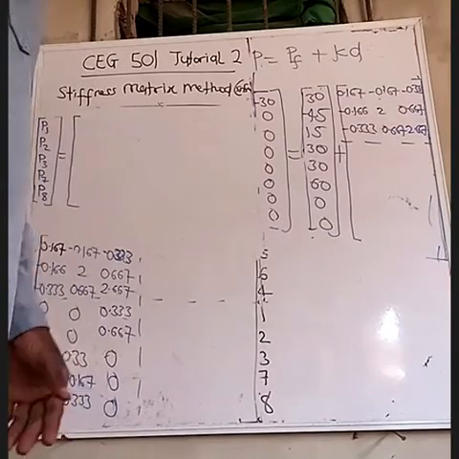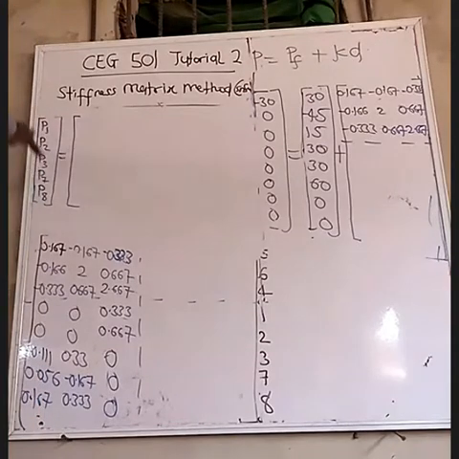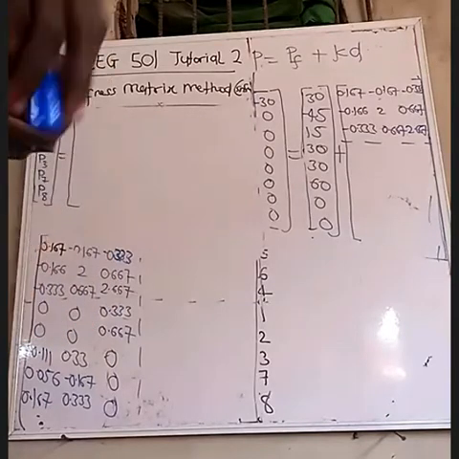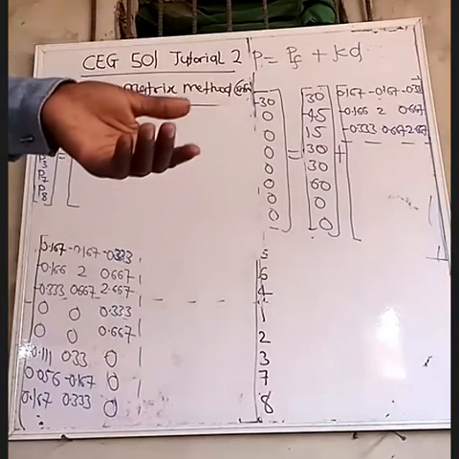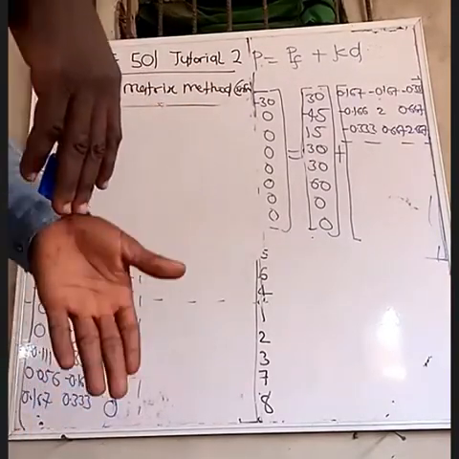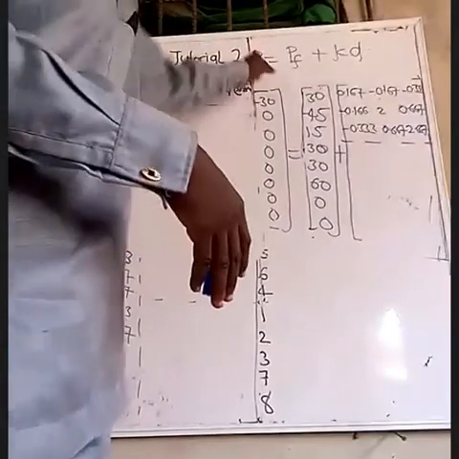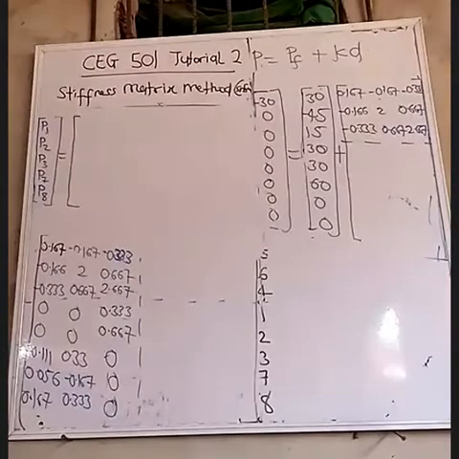So, are you following me? P1, P2, P3, P7, P8 will enable us get the reactions and the movements at those fixed joints and also at the pinned joints. You understand? But this is the one due to external loading.